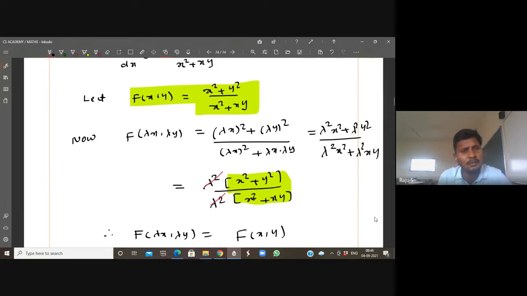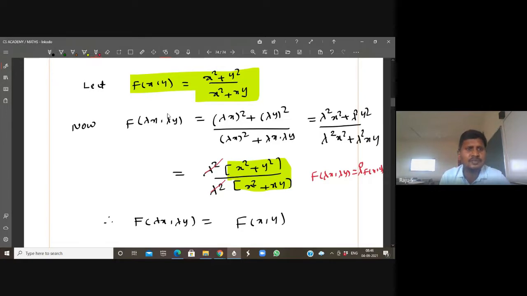We don't have any lambda terms, then is it a homogeneous differential equation? What should we get here? When you find that f of lambda x comma lambda y is equal to lambda power 0 into f of x comma y, then only we can say that it is a function of degree 0. Is it a function of degree 0? Yes, students.